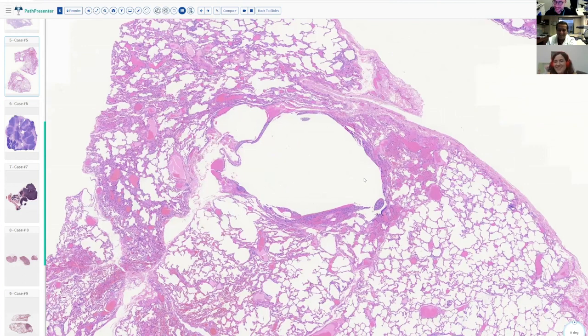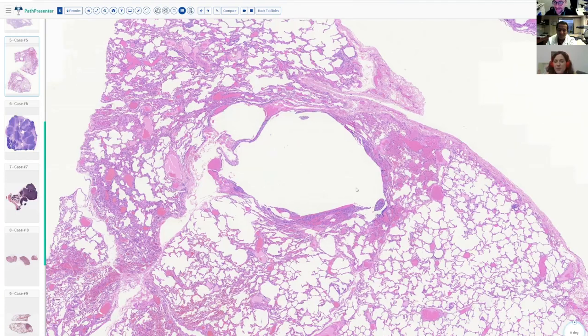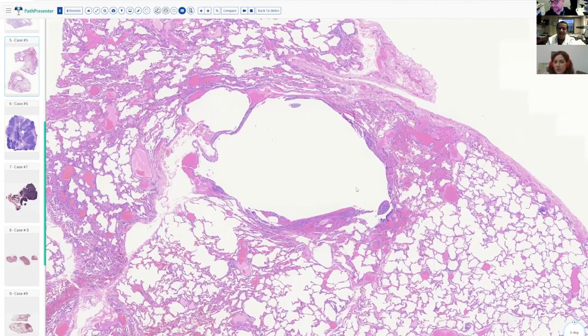So for all the trainees out there, it's just LAM. There's no B. Pulmonary pathology is like a crossword or a letter soup. We talk like that: LAM, UIP, NSIP, but people are like, what are you talking about? Yeah, it's an alphabet soup of things.